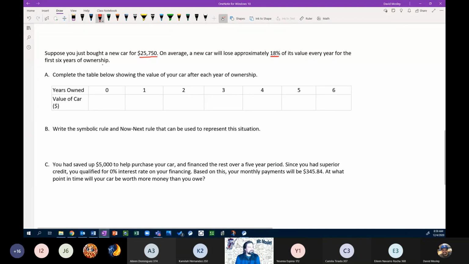So that means every year it loses 18% of its value. 82%, or 0.82 as a decimal, is how much of its value is left over. We lost 18%, we get to keep 82%.